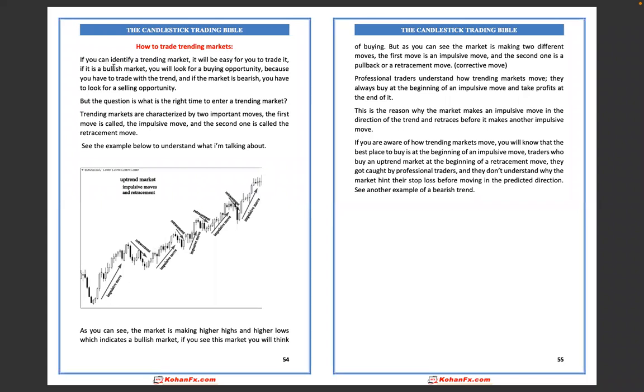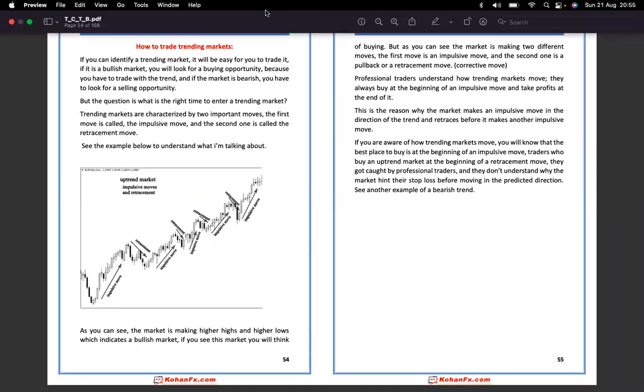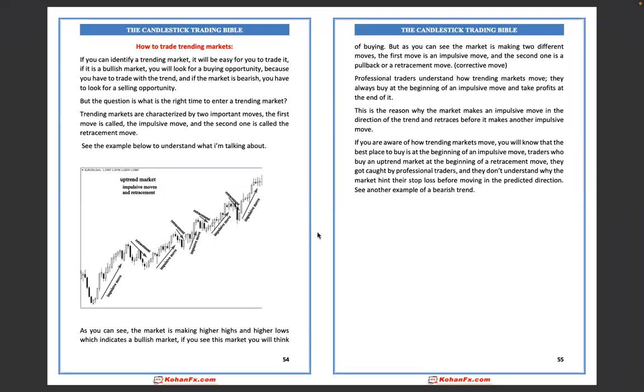If you can identify a trending market, it will be easy for you to trade it. If it is a bullish market, you will look for buying opportunities because you have to trade with the trend. And if the market is bearish, you look for selling opportunities, when the market is in a downtrend.